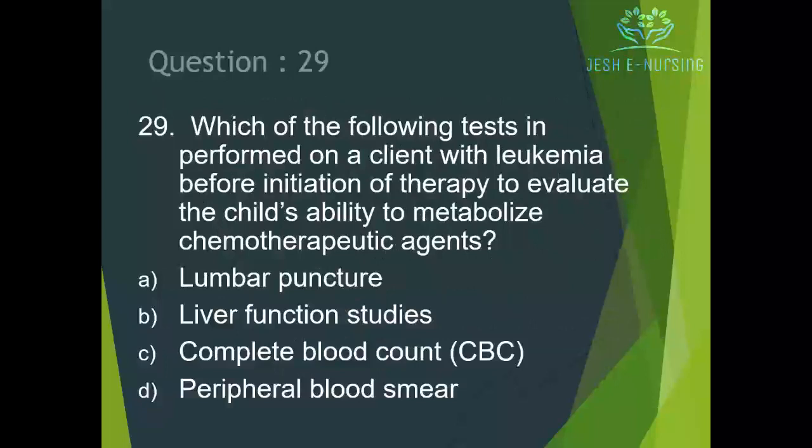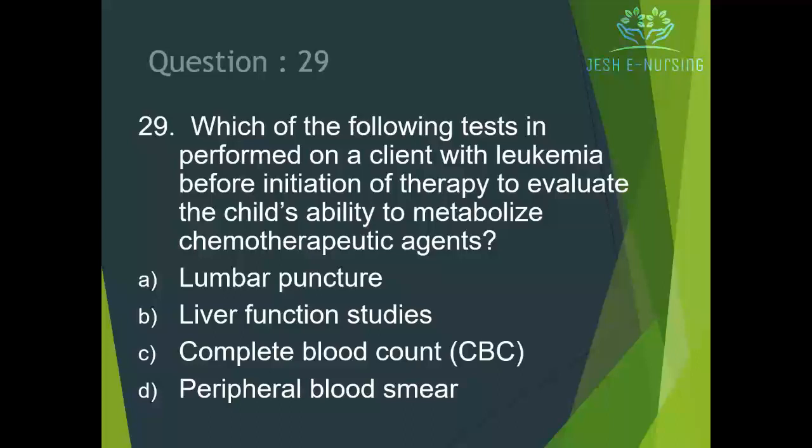Any patient getting chemotherapy, before going to the chemotherapy, we need to check the eligibility. So the eligibility check is very important. That means whether the body can metabolize and tolerate the medicines, or the side effects are there, or the liver can metabolize, or the kidney can eliminate the waste products, all those things.